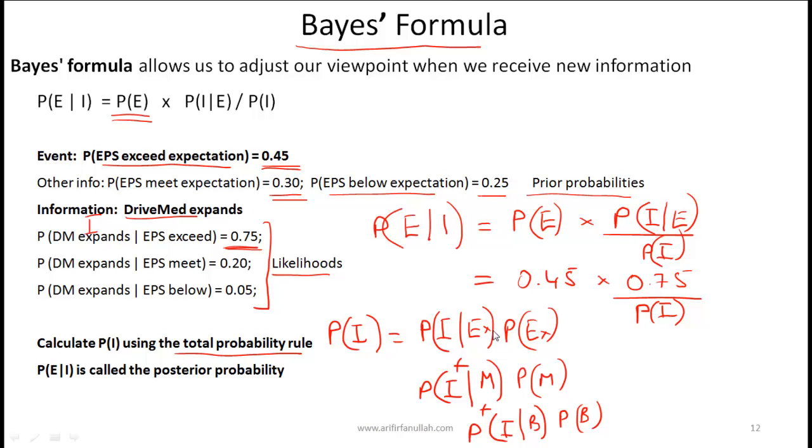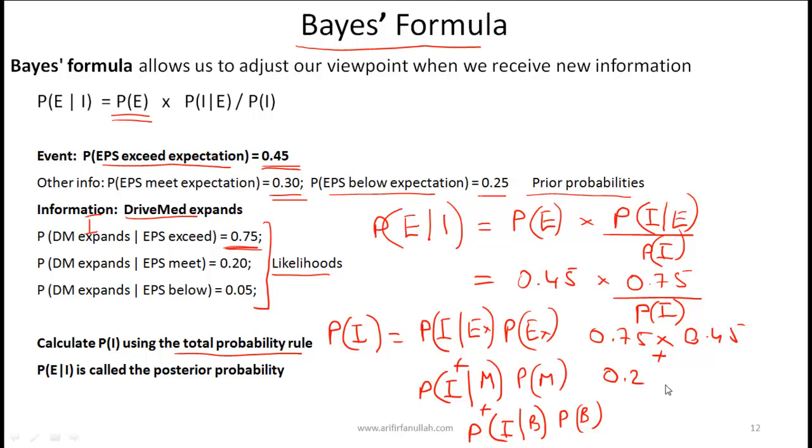And what you can do is just plug in the numbers, and you will notice that all these numbers are given. So I given that EPS exceeds expectations is 0.75. So this becomes 0.75 multiplied by the probability that EPS exceeds expectations, which is 0.45, plus the probability of the information, which is DriveMed expands, given that EPS meets expectations, this is 0.2.